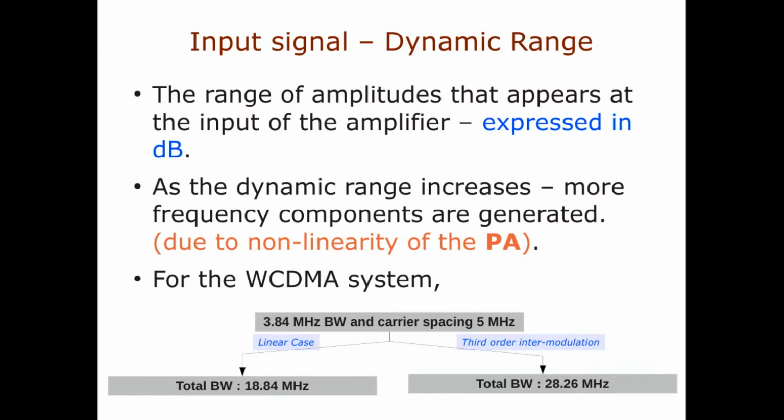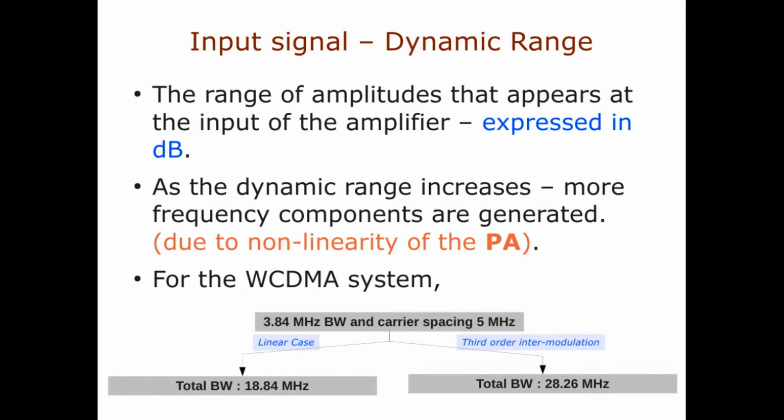So if there is a V min which represents the minimum voltage at the input, and V max which is the maximum voltage at the input, then 20 log of V max by V min is known as the dynamic range. And as the dynamic range increases, the linear nature of our amplifier is going to be modified into a non-linear one, and hence more frequency components are going to be generated due to this non-linearity.